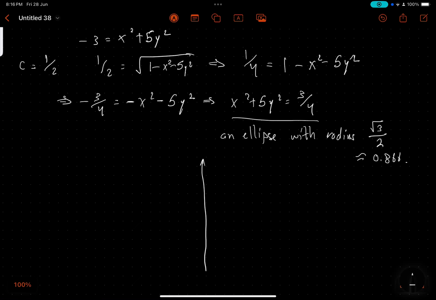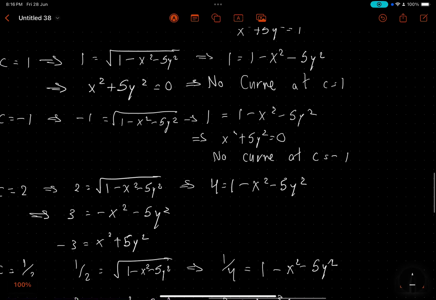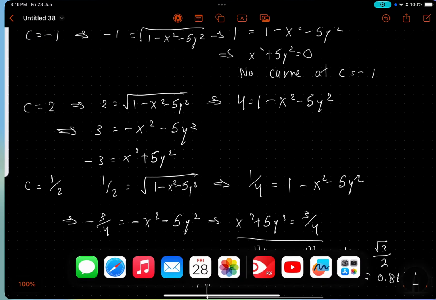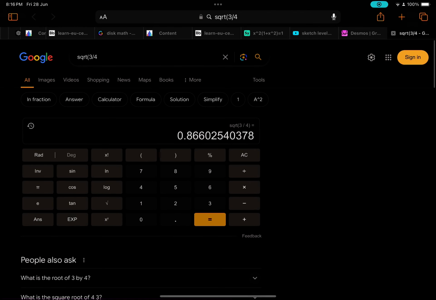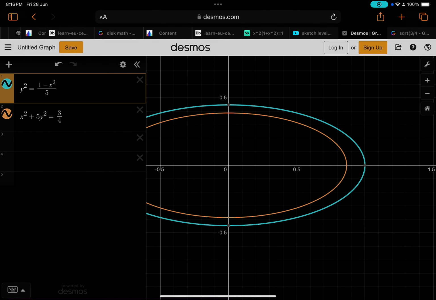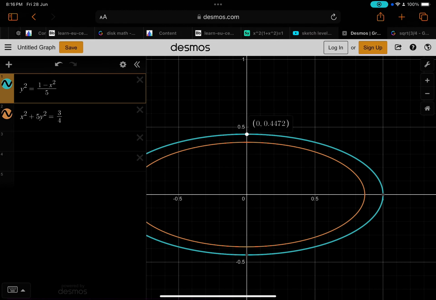Let's draw now our xy-axis coordinates, and first we want to draw our ellipse. So let's just check the intersections. Here we said the intersection is 1, but up here it's 0 and 0.447.